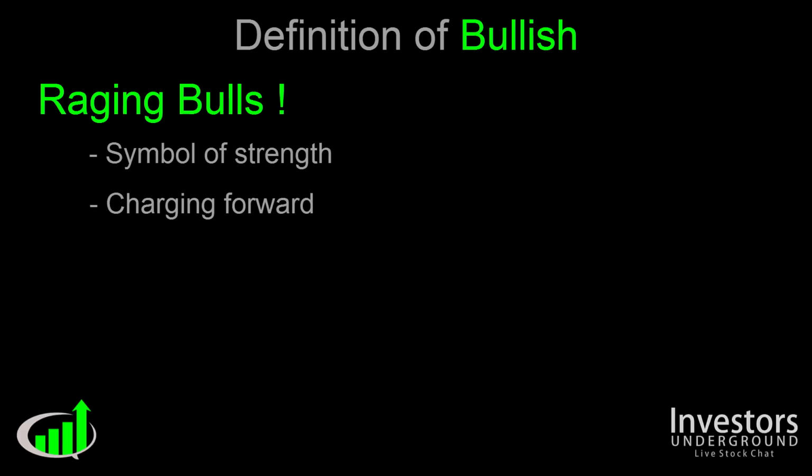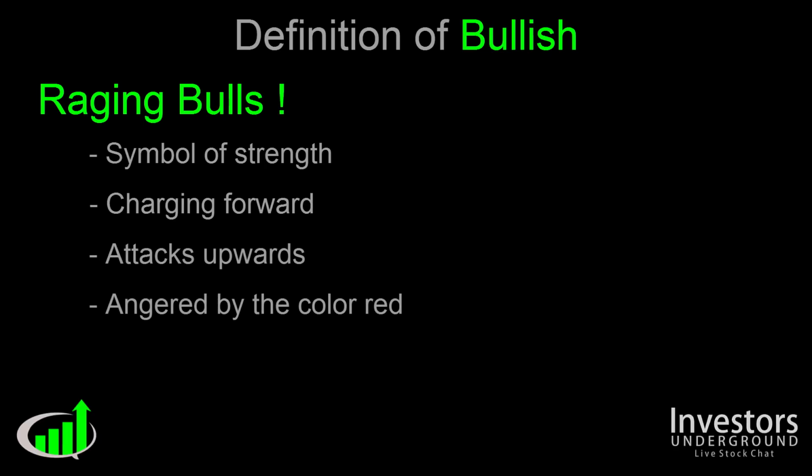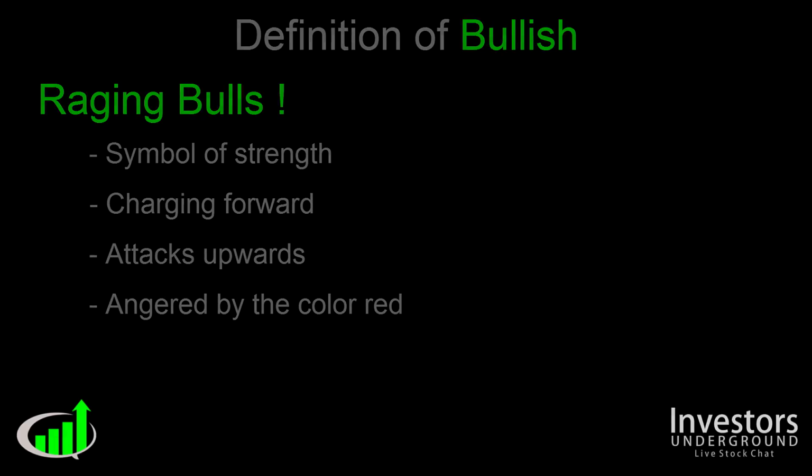A bullish sentiment means that a person is optimistic about the upward direction of the market. A couple of thoughts that I had around why it's called bullish: bulls attack upwards, and they're also angered by the color red, which coincidentally is the color of stocks going down.